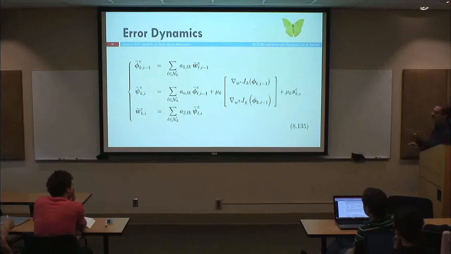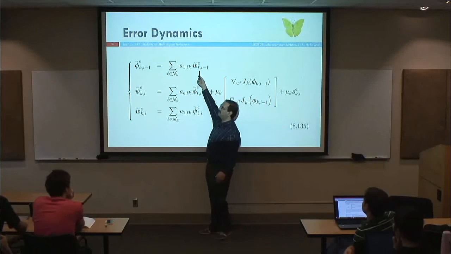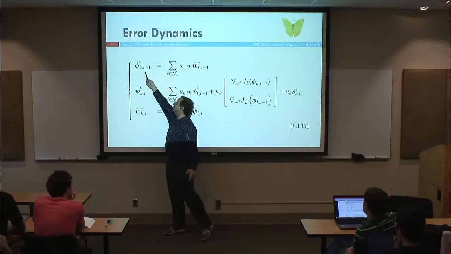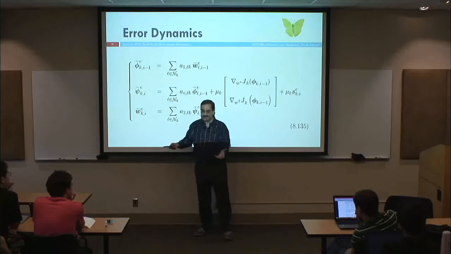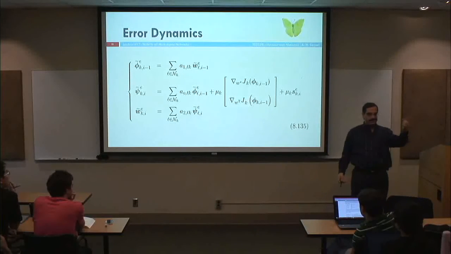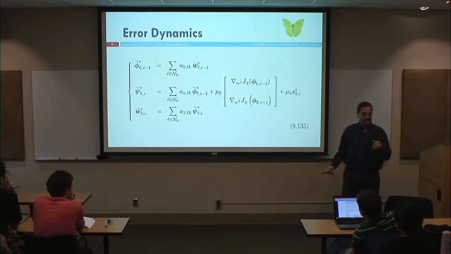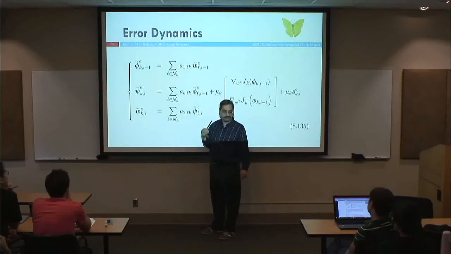So here it is. I rewrote the expression I had before using the extended notation, right? So the extended vector is the sum of the combination coefficients times the extended vector. I already am writing it for the errors. Remember, subtract W star from both sides. This becomes error here, and this becomes error here. I showed you last time.